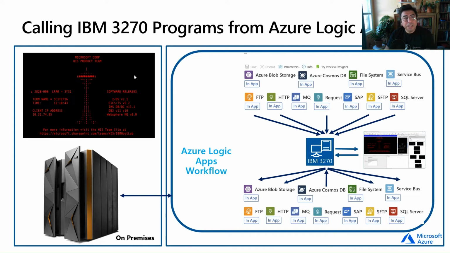So what you are seeing here is the high-level schema of how we invoke these 3270 programs. To do that, you are going to be using our connector in Logic Apps, the IBM 3270 connector. And this connector will be reading some metadata that you have to prepare for the connector to understand.